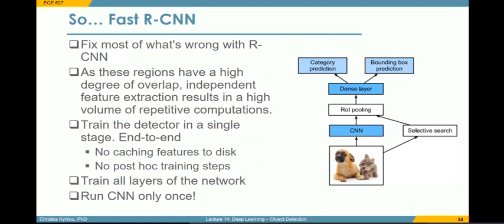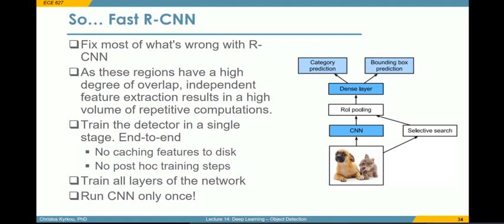So the authors proposed Fast R-CNN to fix the problems of R-CNN, and the main observation they exploited is that the extracted regions in R-CNN have a high degree of overlap. So essentially, they are computing and extracting the same features over and over again with the multiple passes of the CNN.